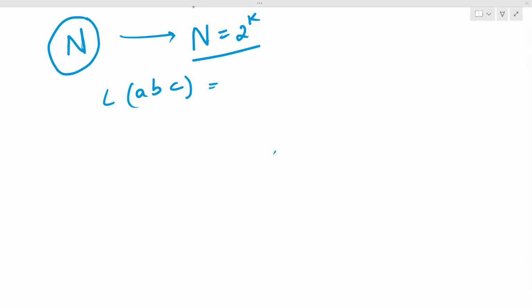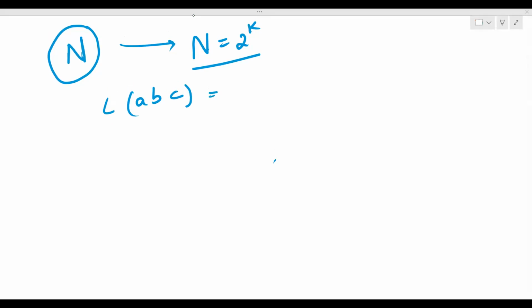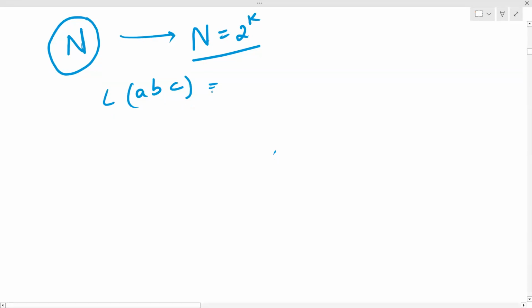LCM of those can be what? Eventually I want the LCM of those to be equal to n, right? Because I'm considering there are three integers a, b, c, for which the LCM is equal to that. Instead of LCM, let's start with GCD only.